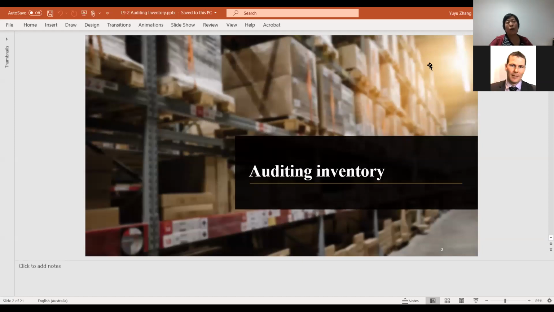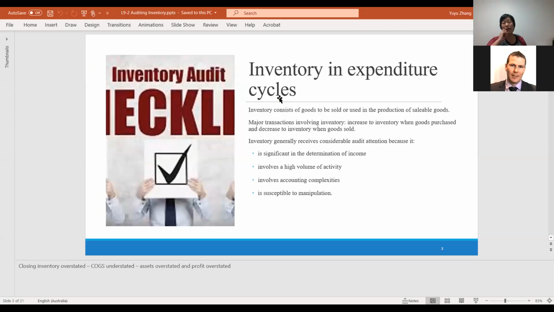So let's talk about auditing inventory here. I will try to make this part short, because it is almost covered already in the sales and purchase cycle.